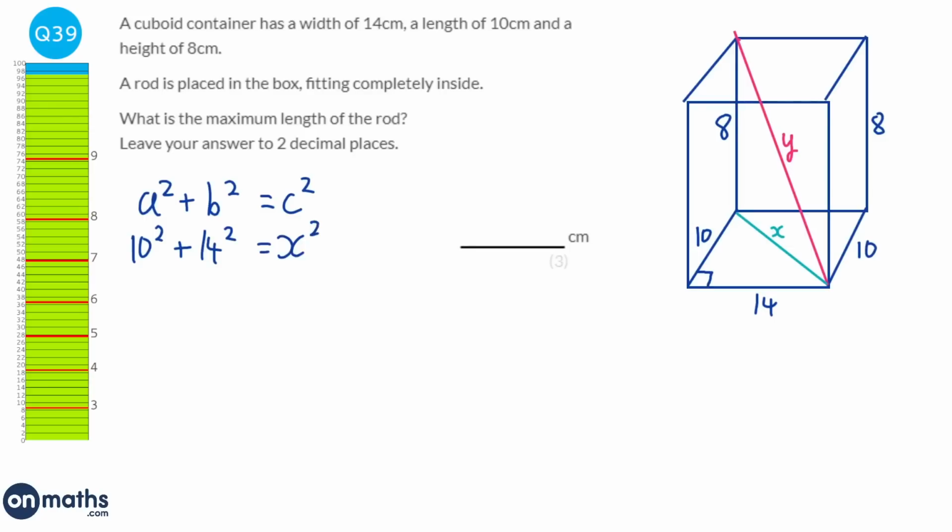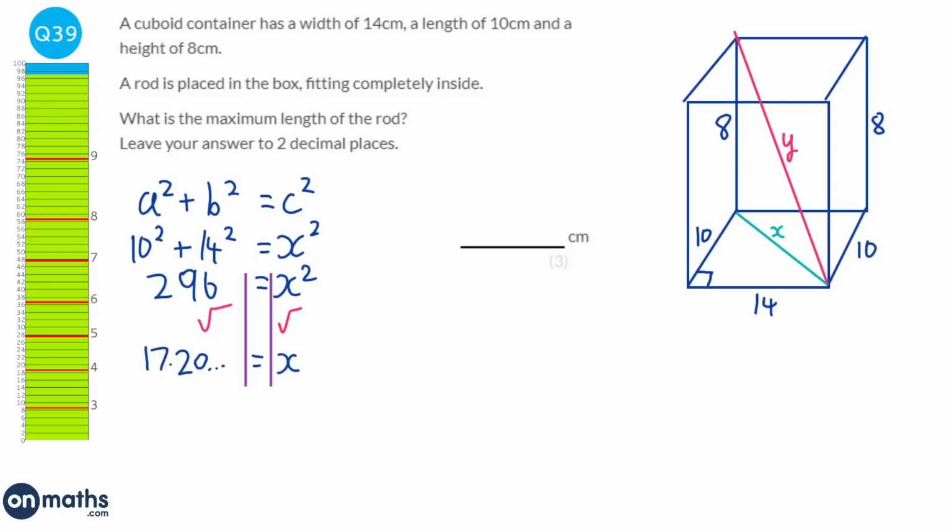So I'm going to do 100 plus 196, which would be 296 equals x squared. And get our lines in. Should be quite easy because we just need to square root both sides. So I'm just going to square root that, and we get an answer of 17.20 blah blah blah.